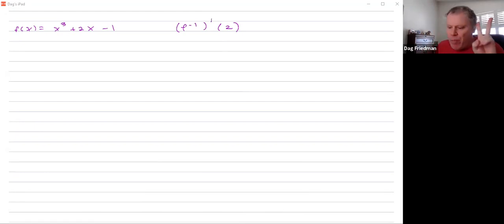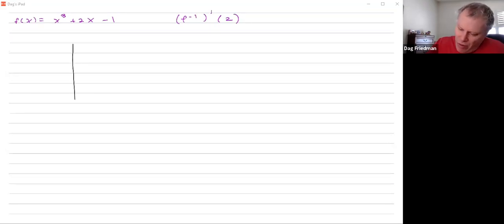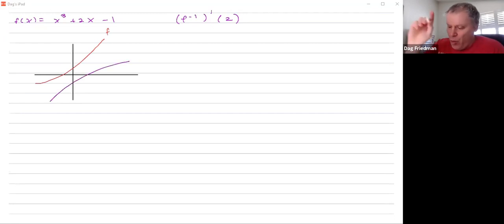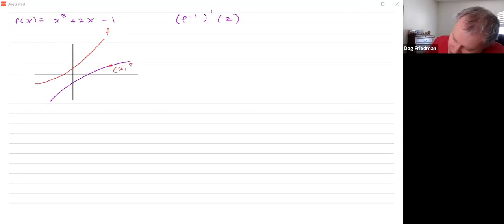So remember, there's two parts to this. I'm going to talk you through it a little bit, just to help you out. If the original function looks like this, notice all my functions always look the same, I'm very uncreative, then this is the inverse function. They have given us this point. It is 2, something.